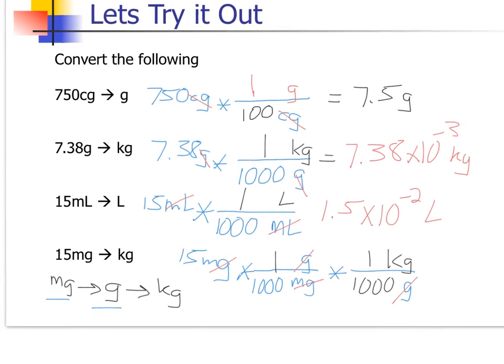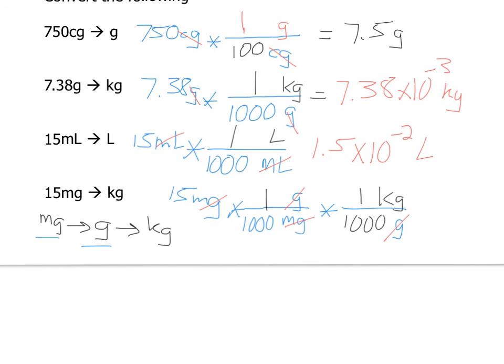I use my scientific notation to help me out a little bit on this part, and I move my decimal place over 1, 2, 3, 4, 5, and I see that it's actually 1.5 times 10 to the negative fifth. And so we have that conversion factor. There are more examples in Schoology and in your notes.